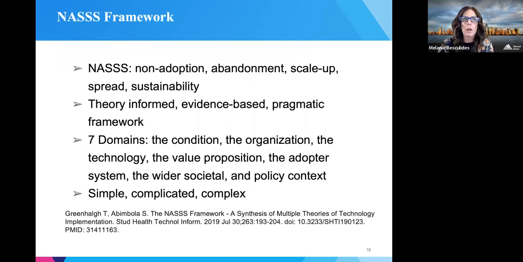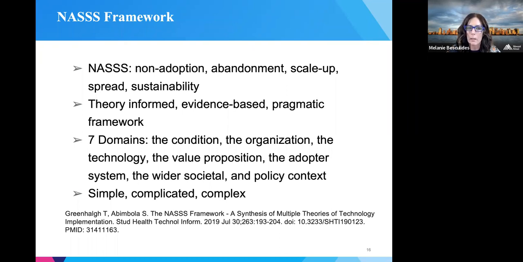So after we were done with the transcription and the coding, we used the NASSS framework, which stands for non-adoption, abandonment, scale-up, spread, and sustainability. We use this to help organize our themes into different areas. For those of you who aren't familiar, I put the citation down here for you. It's a theory-informed, evidence-based, pragmatic framework.